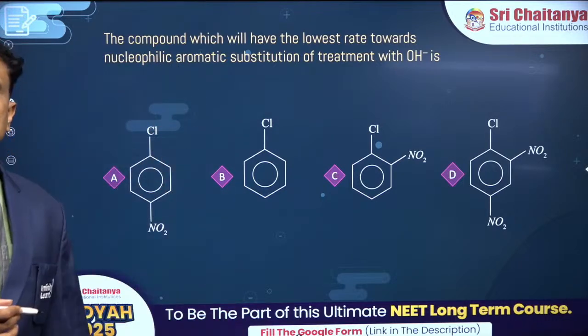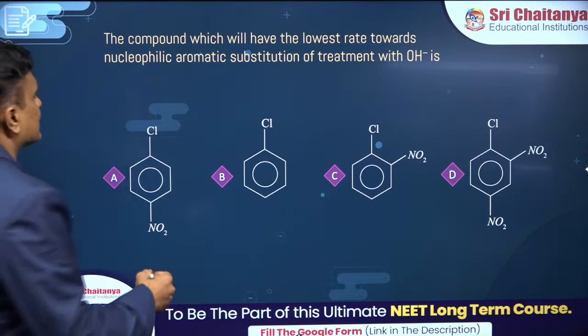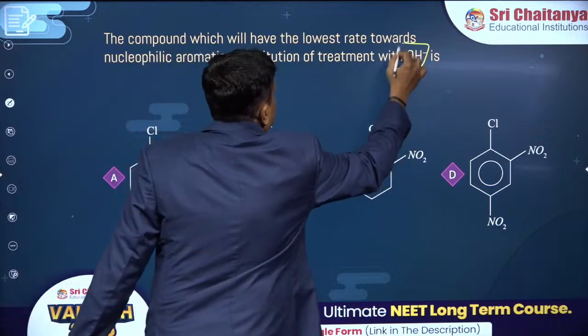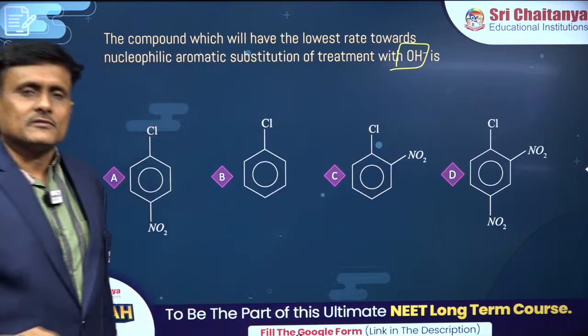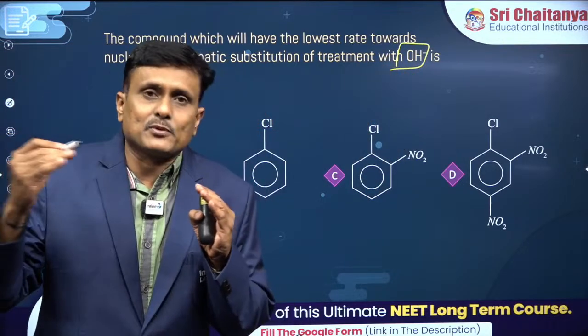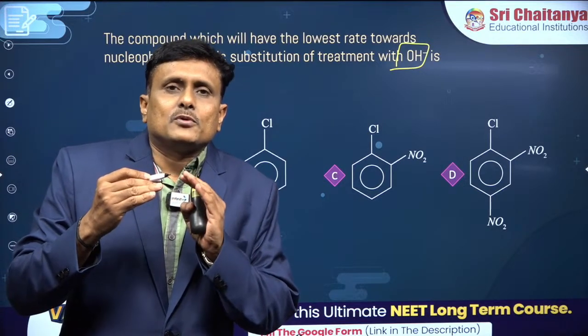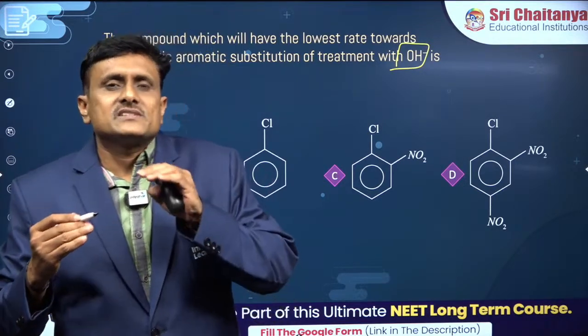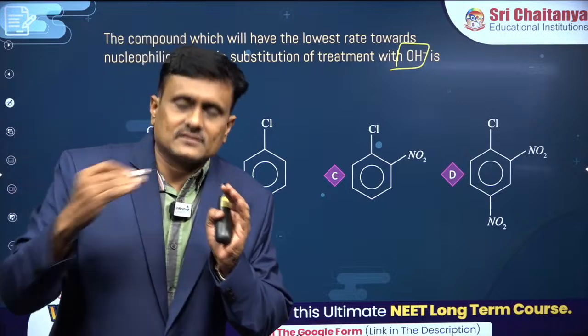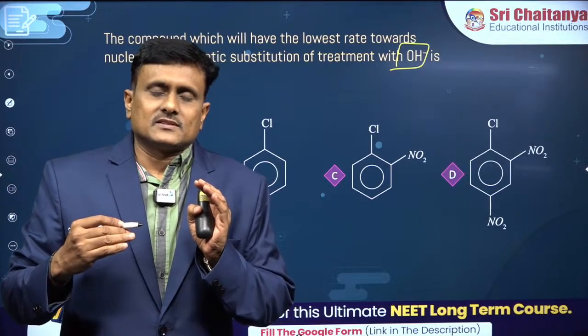Nucleophilic substitution, right? The nucleophile already carries the negative charge or lone pair of electrons. So when the nucleophile is approaching the compound, if the compound has electron deficiency, then only it will invite it, isn't it?